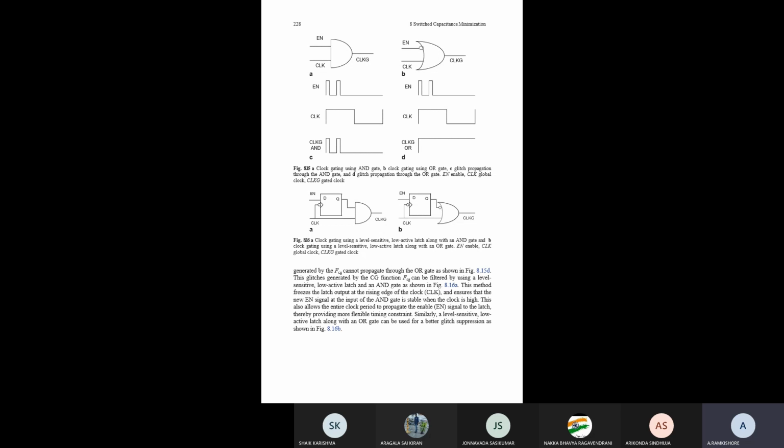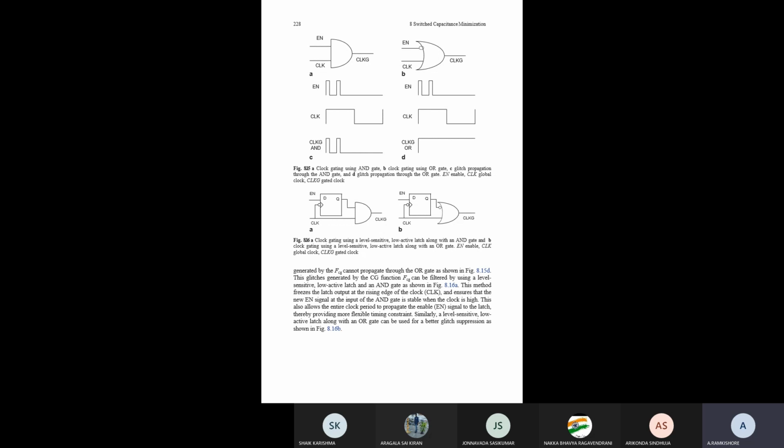Here the notations are: EN means enable, CLK is the global clock, and CLKG is the gated clock. Now the operation of this simple AND gate.